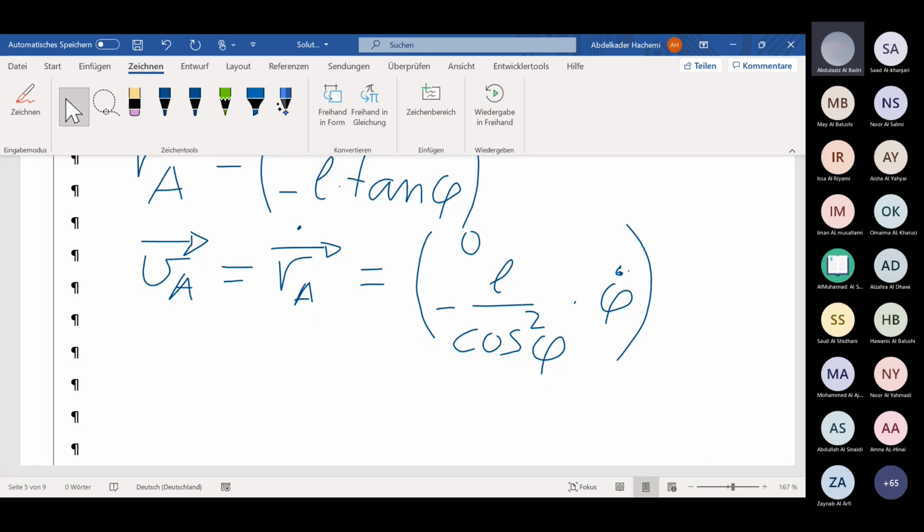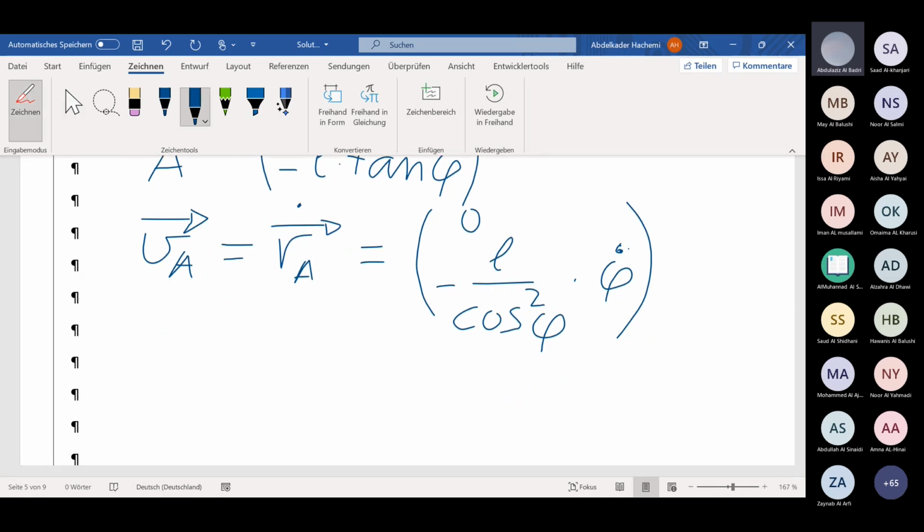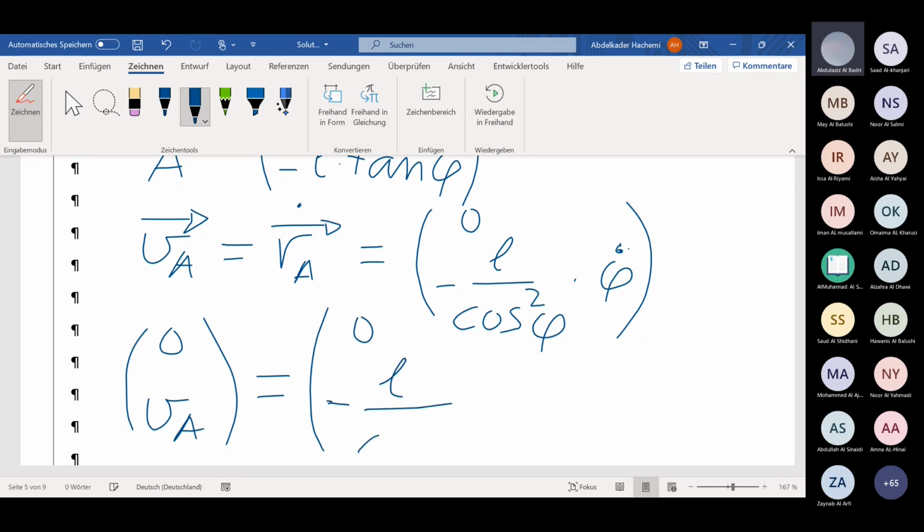That means we have here zero, and VE as value, and here it's zero, of course, which is logical, minus L divided by cosine square phi multiplied by phi dot.